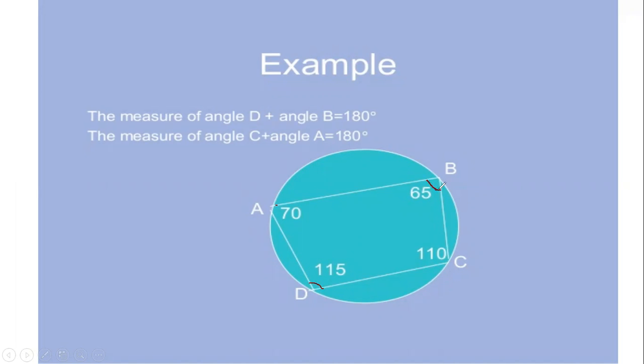So if you add this angle and this one, you should be able to get 180 degrees. Then also if you add this angle here plus this angle here, you should get 180 degrees, because these two angles are opposite in a quadrilateral which is inscribed within the circle.